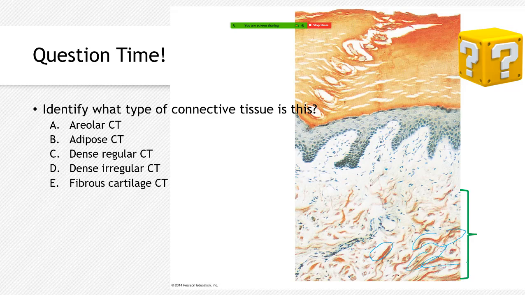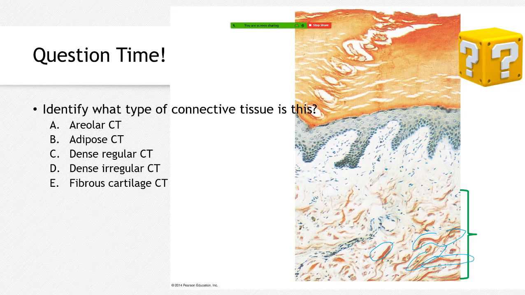Anybody know? Remember, there are three types of fibers that we needed to know. Are they the collagen fibers? Are they the elastic fibers? Or are they reticular fibers? By looking at this. Remember, the collagen fibers are going to be thicker and lighter staining.